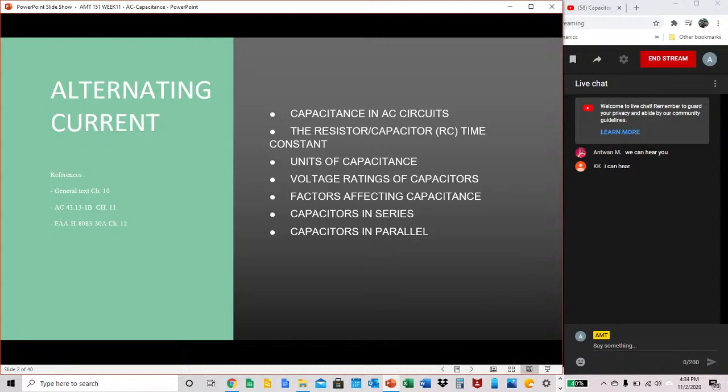I'm not going to get real detailed into the equations of capacitors in series and parallel. I'm going to go over it briefly with you guys, and then it's going to be up to you to do some more studying on that stuff. It's my job to introduce you guys to these things. It's your job to do the studying for these things, okay?